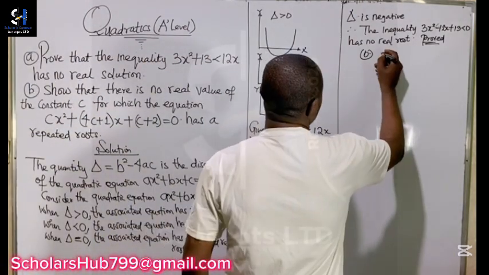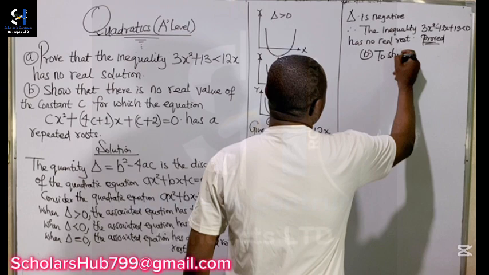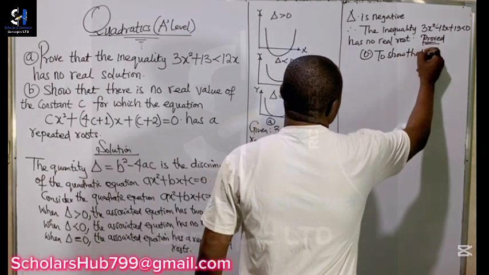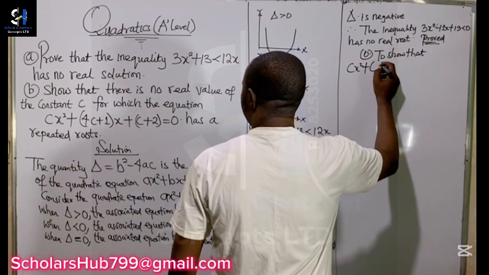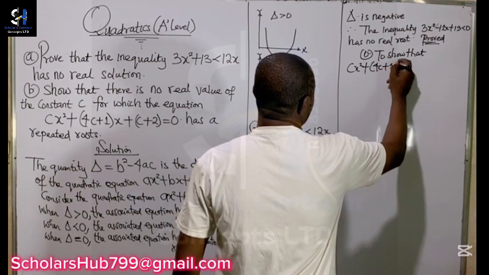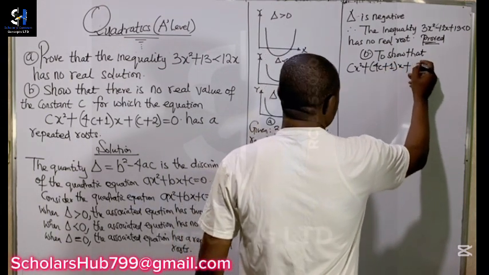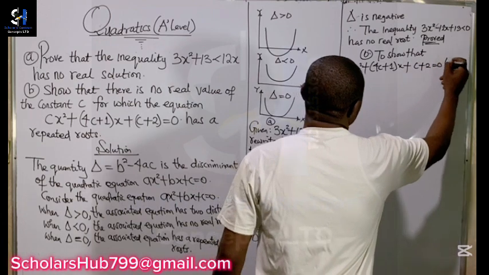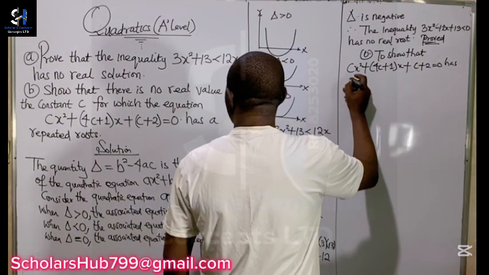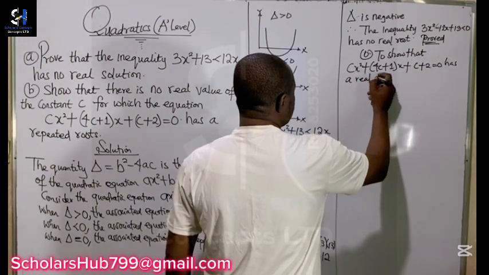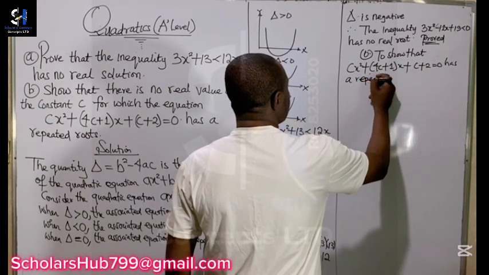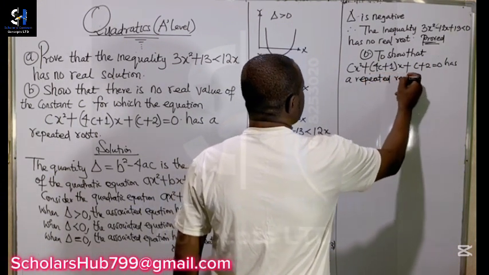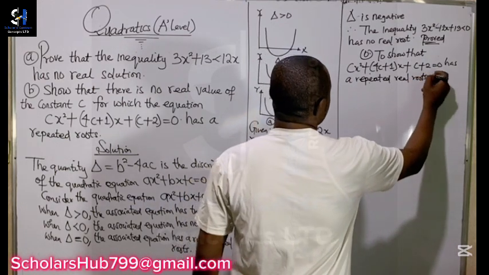So we want to show that cx squared plus (4c plus 1)x plus c plus 2 equals 0 has repeated real roots.